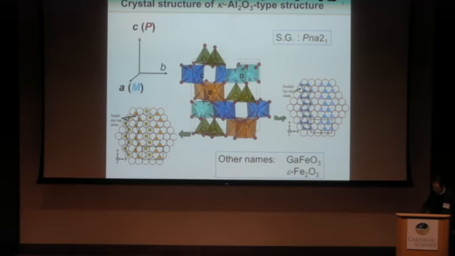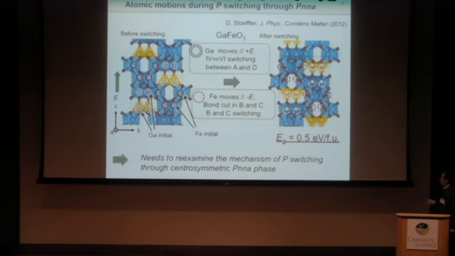And the most important point is that along the C direction, this material has electric polarization, and along the A direction, the magnetic easy axis exists in this structure. And previously, Professor Steffler calculated the polarization switching mechanism for gallium ferrite with a kappa-aluminum structure.